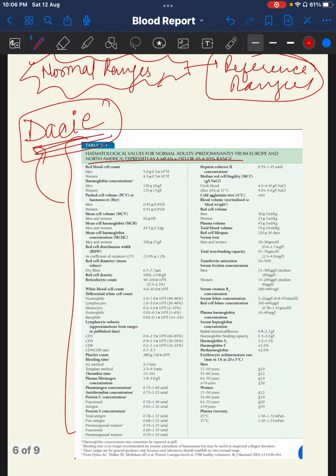So this was all about the different types of machines we have. I told you what a basic CBC report tells you, how many parts it has, in which vial you collect a sample, and how the samples are run.